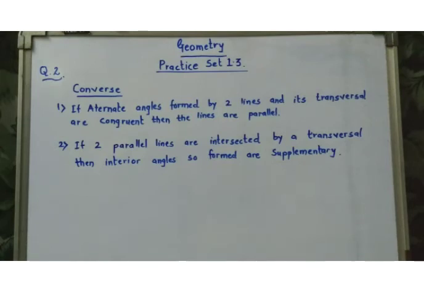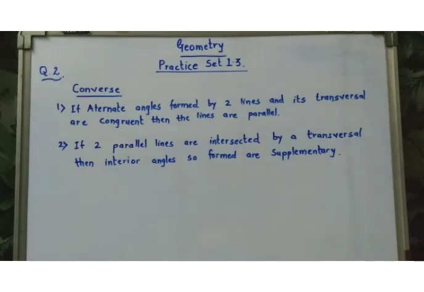Again, if and then. Second, if a pair of interior angles, C-shaped or dome-shaped angles, made by a transversal of two lines are supplementary, then the lines are parallel. When you read the first and second, you will get your answer definitely.